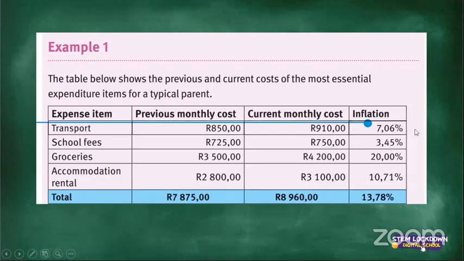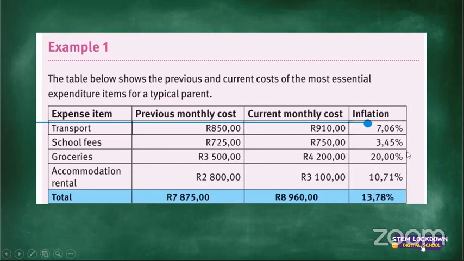You will notice that if you calculate the inflation rate, remember the formula, which is new price minus old price over old price multiplied by 100. This is how this inflation rate was calculated. Here, you'll see that the inflation rate has increased for all these items.